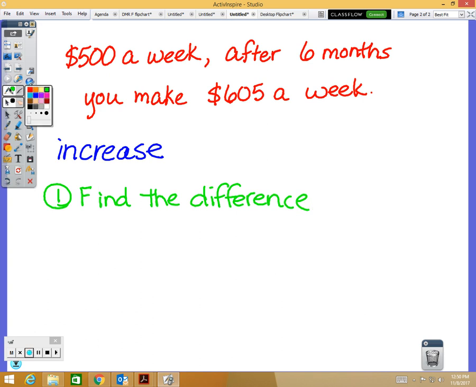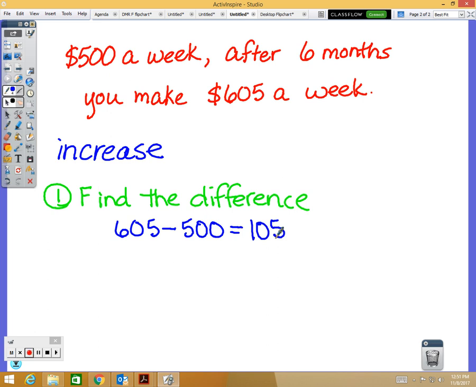So when we find the difference, let's take the big number minus the small number. Sometimes you can do it in your head, sometimes you can use your calculator, but you always have your calculator there. So what is the difference here? $105. So your salary increased $105 over that 6 months.